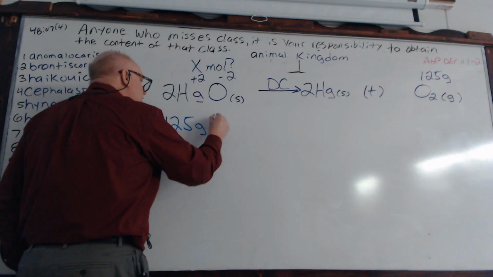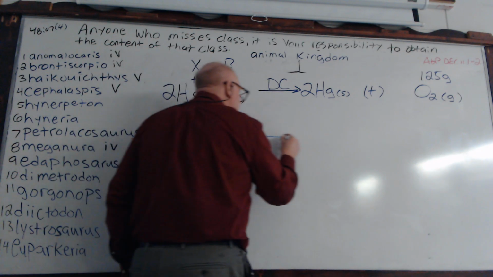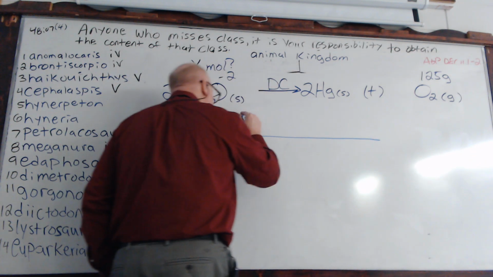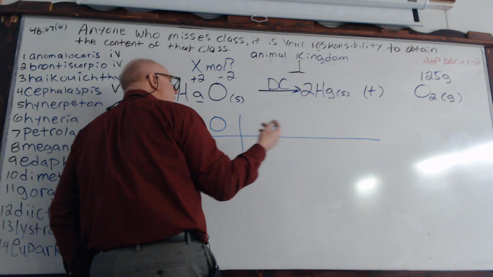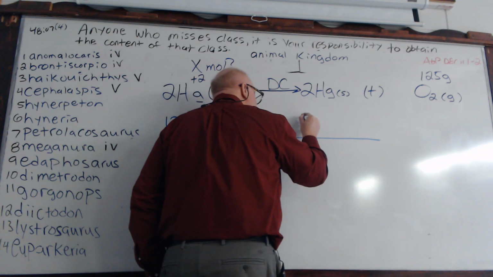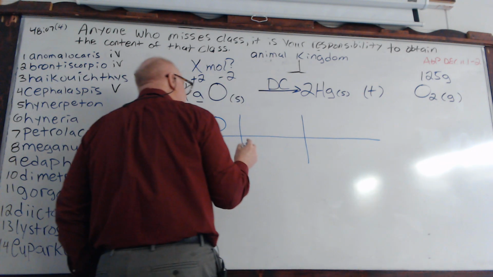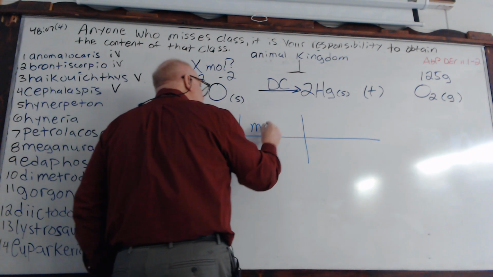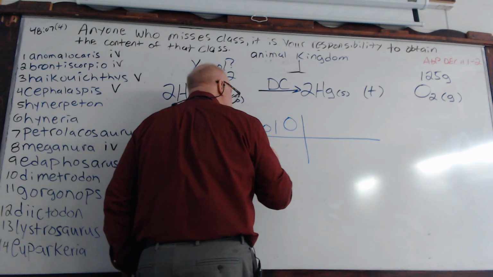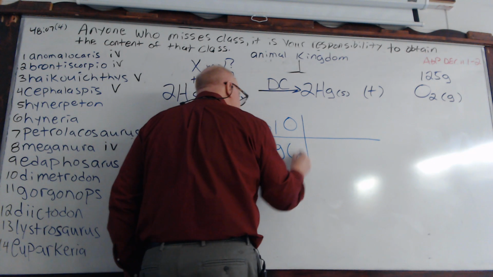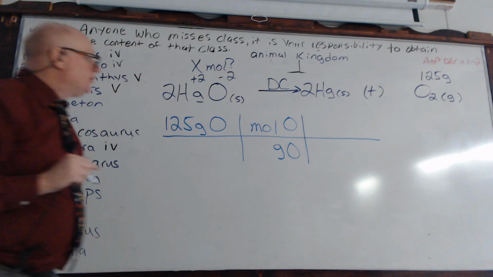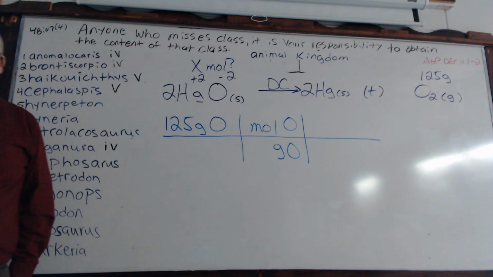Now, don't do this. The information that I'm putting up here is not inaccurate, but once we do this, we know we're going to change this to moles, and then if we do this, what do you think is wrong with that so far?